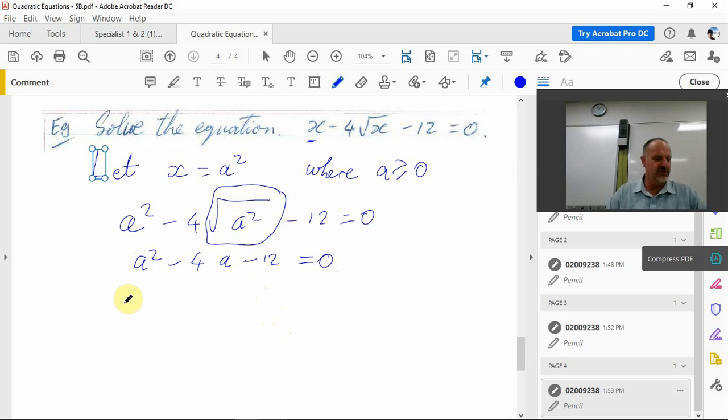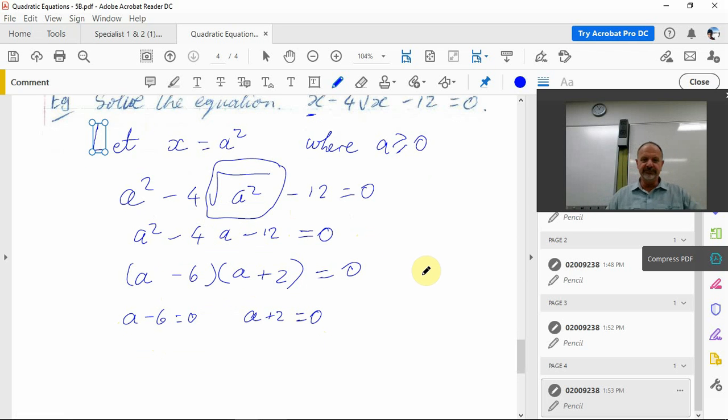Factorise: two numbers that multiply to give negative 12 and add to give negative 4 would be negative 6 and positive 2, I reckon. So the null factor law says that a minus 6 is 0, or a plus 2 equals 0.